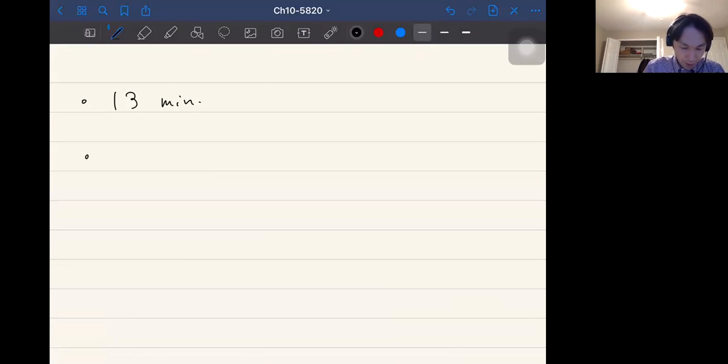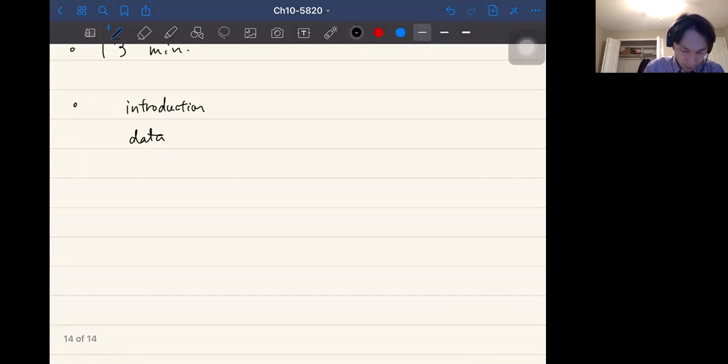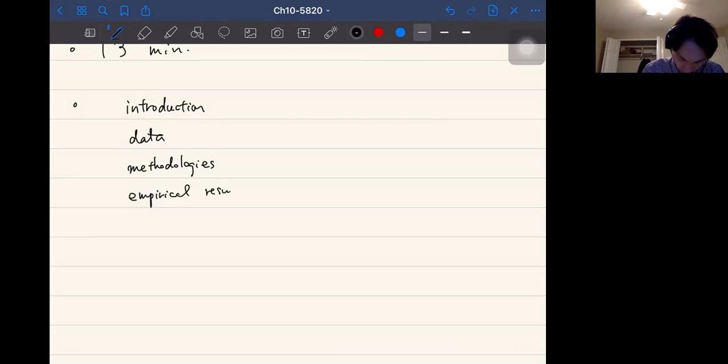And the outline is pretty pre-specified. First is introduction or background, and then you can discuss what kind of data you use. Then the methodology, then the experimental results, the empirical results, and a summary.